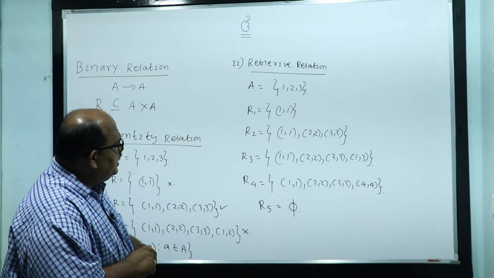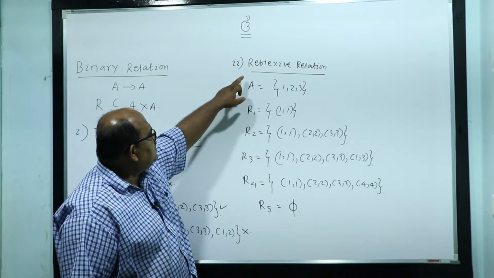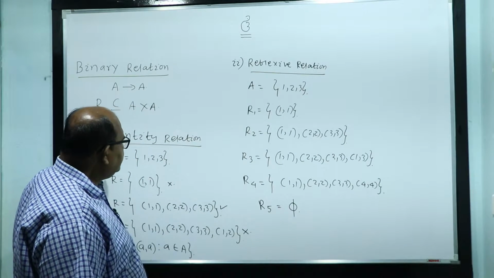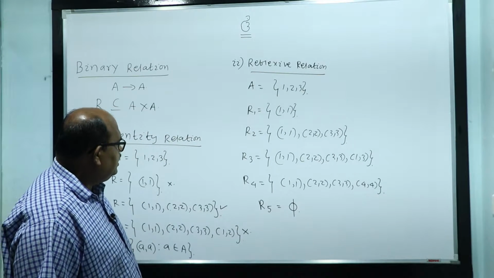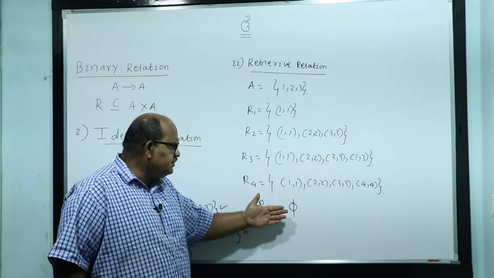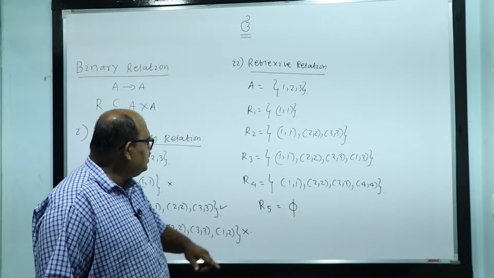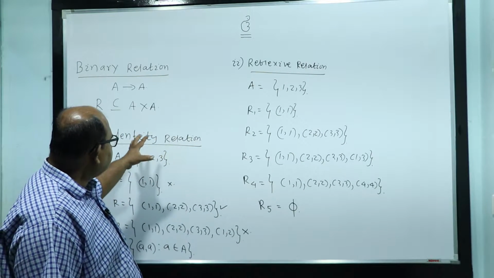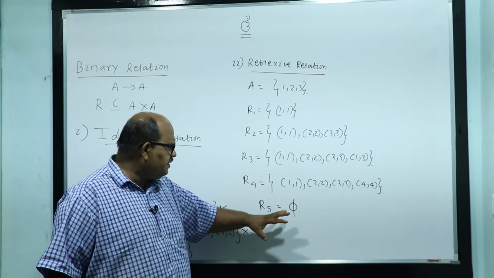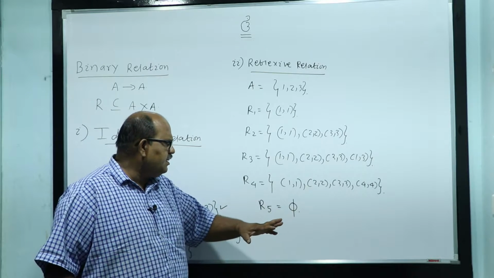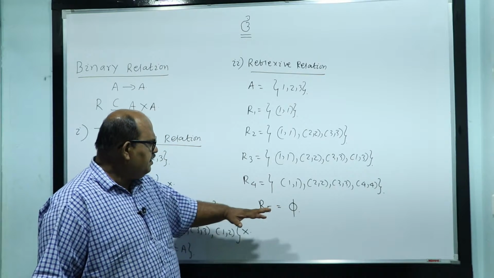Now come to the point. Is it a reflexive relation or identity relation? Look at it. In it there is no element, so it cannot fulfill the condition that every element of set A is related to itself, so it is neither identity nor reflexive.